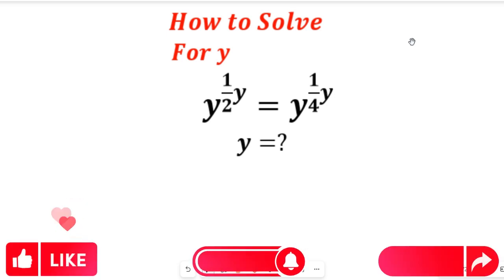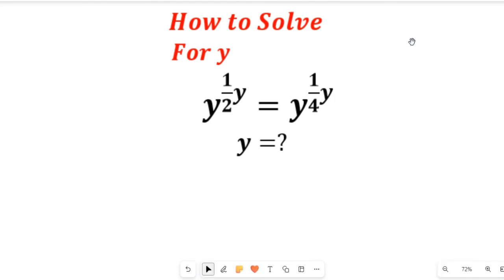So, how do we solve this question? To solve this question, I want you to ensure that you make the right hand side equal to 0. And to do that, all you simply need to do is subtract y to the power of 1 divided by 4 multiplied by y from both sides.